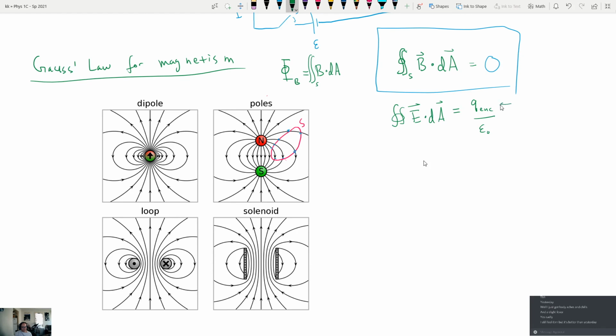But this is electric charge, and there is no such thing as magnetic charge. So another way to put it, when you describe Gauss's law for magnetism, is that there are no magnetic charges. If magnetic monopoles existed, they would show up right here as like a Q sub m, magnetic charge or something like that, okay? But they don't.